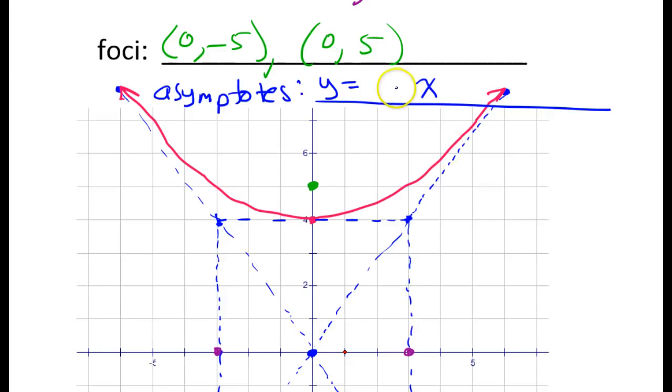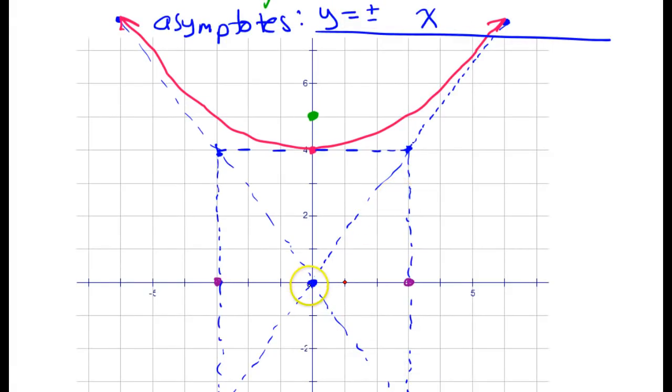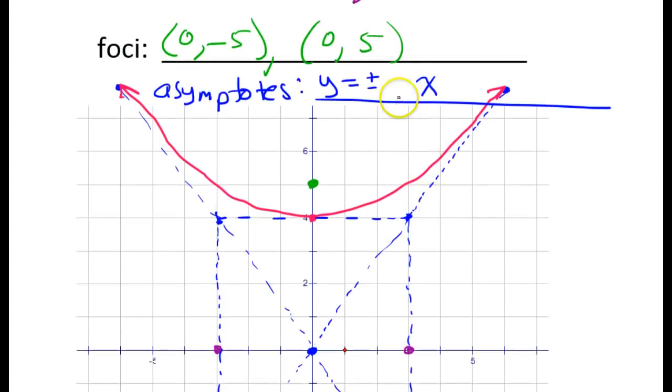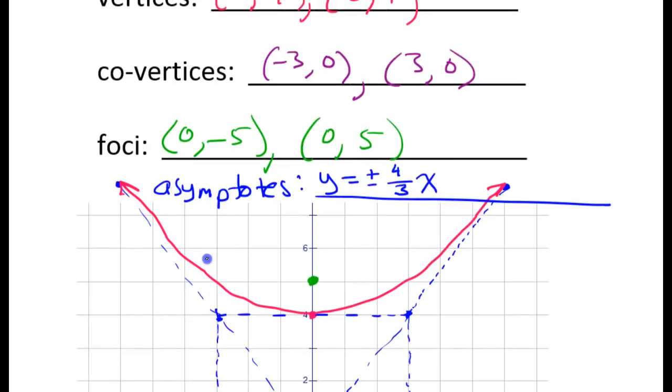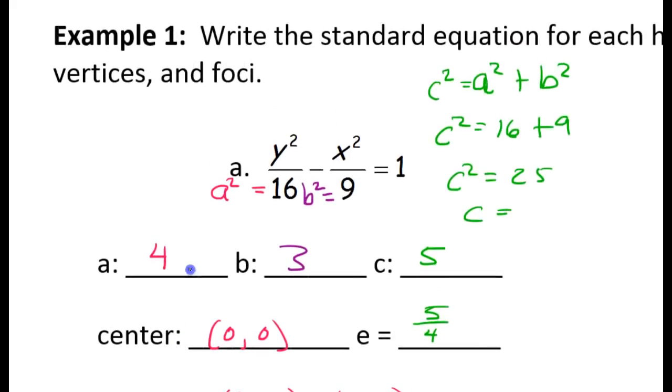All I need is the slope, and it will be plus or minus because one is going upward and one is going downward. So what is the slope? Well, it's up 4 over 3 for this problem. So I will put plus or minus 4 over 3, so that this expression represents the equation of both asymptotes, one positive and one negative. All right, and that is it for example 1.